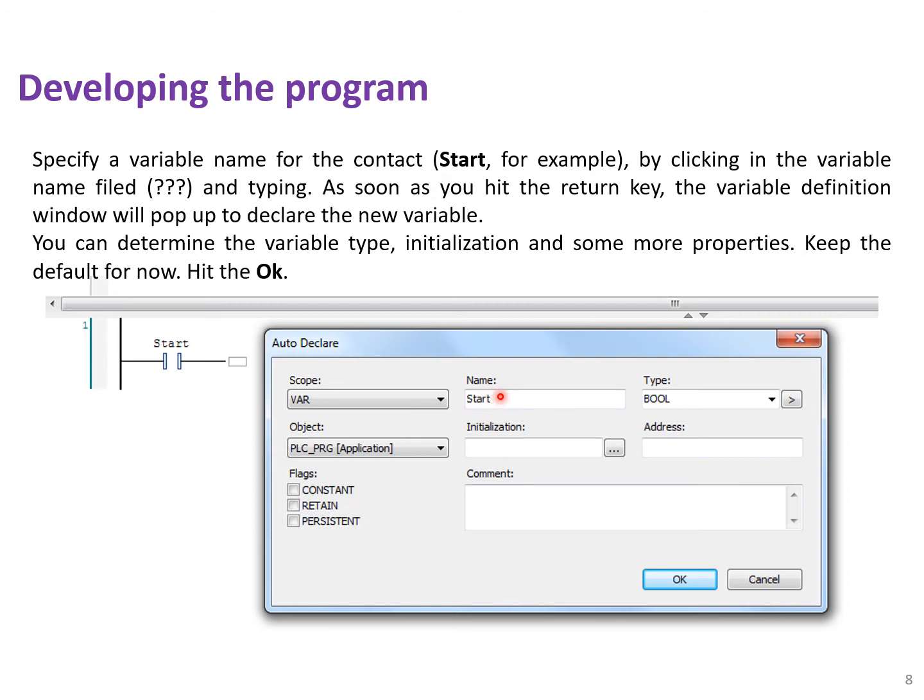So this contact would be like start push button, and leave it as Boolean. Okay, so it's a digital input, not the analog input. And leave the other as it is. And just click OK, yes. So go with the default value and click OK.